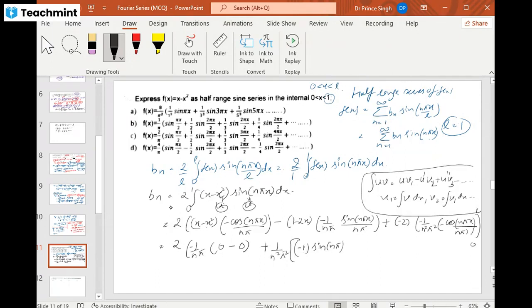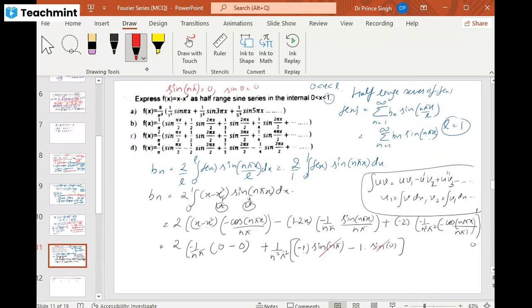And when I substitute 0, its value is 1 times sine of 0. We have already discussed that the value of sine n pi is 0 and sine 0 is also 0. So this term is 0, and this term is also 0.